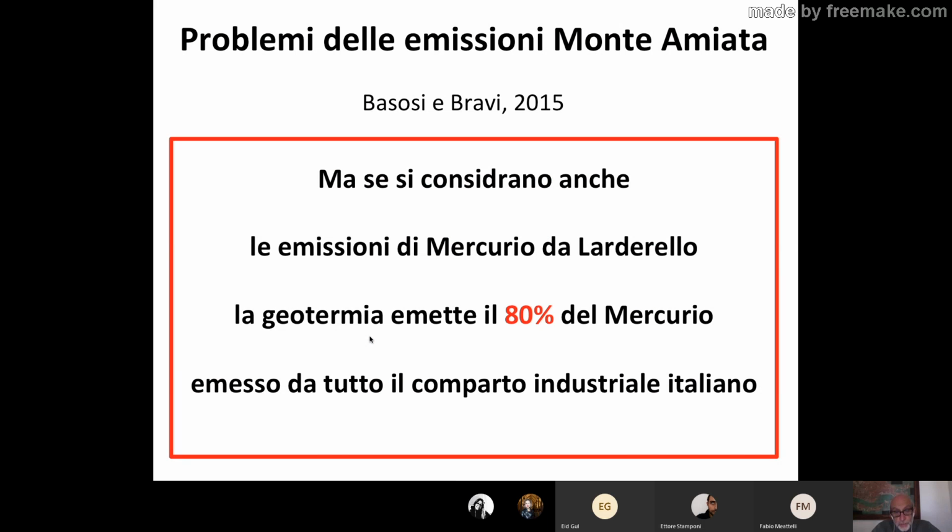I apologize for the Italians, but I try to read it in English. We said this, if we consider the mercury emissions also from Larderello, the geothermal energy in Italy emits 80% of the mercury of all Italian industries.